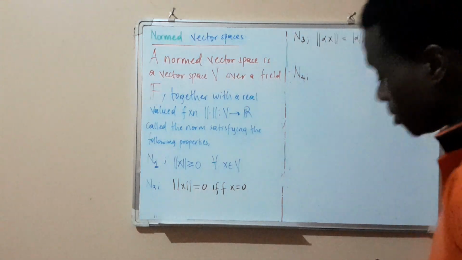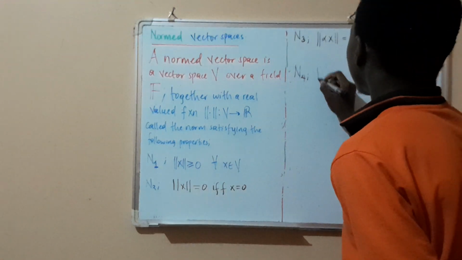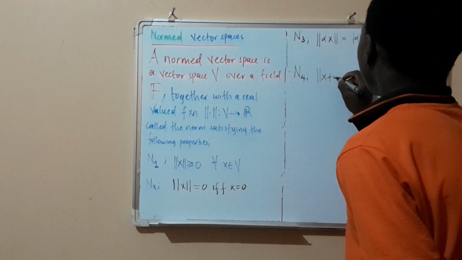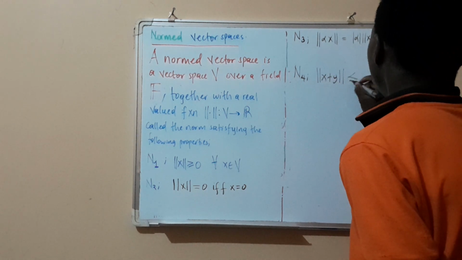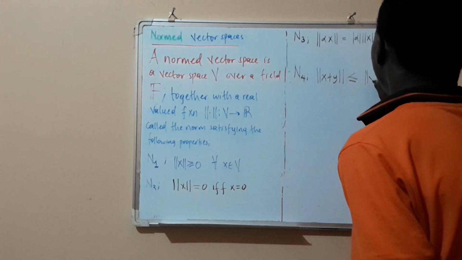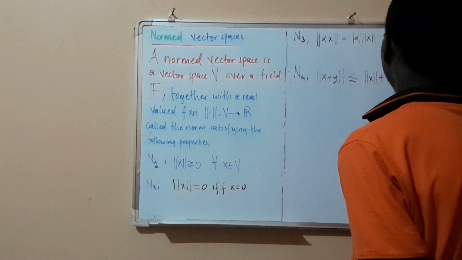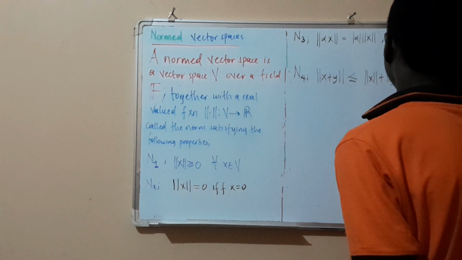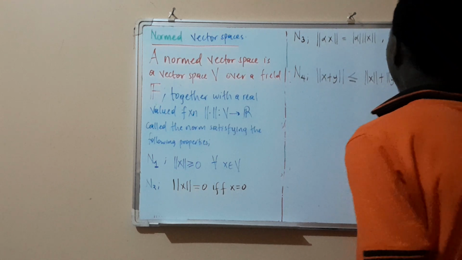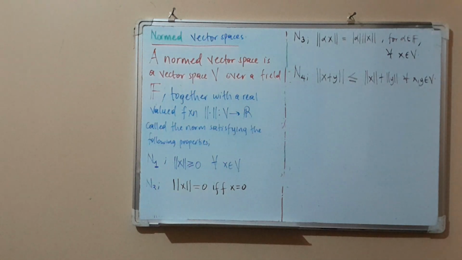For the triangular inequality, the norm of x plus y should be less or equal to the norm of x plus the norm of y, for all x, y in V.